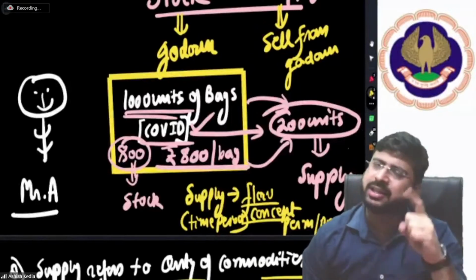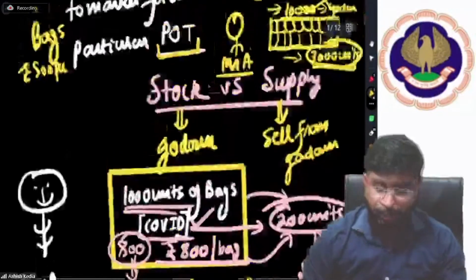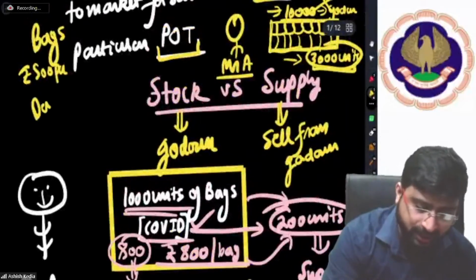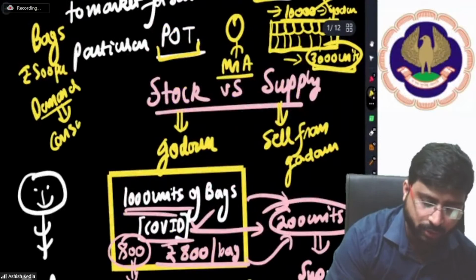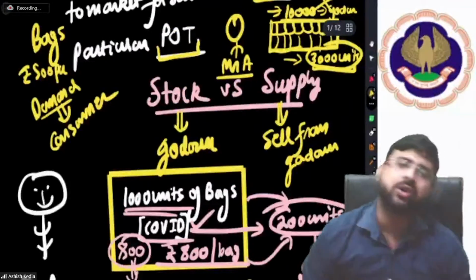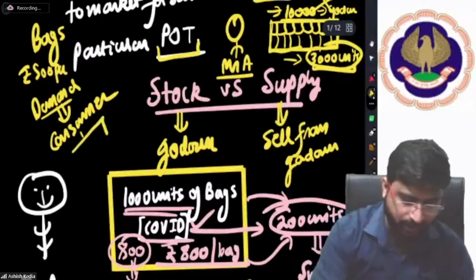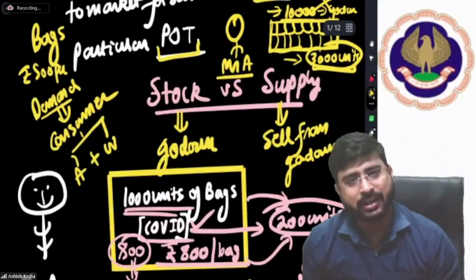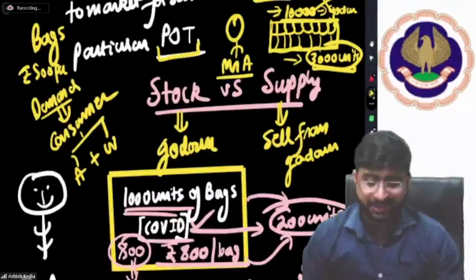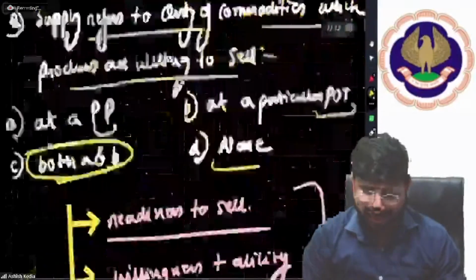Yes, sir. And in demand, I told you that when you think from the consumer's point of view, demand focuses on both things: ability to buy and willingness to buy. Similarly, I will say this for supply.